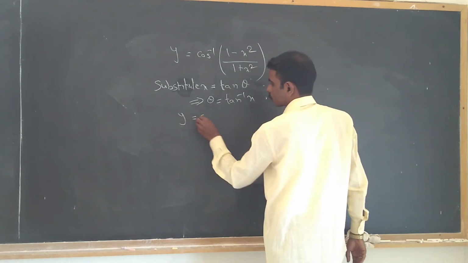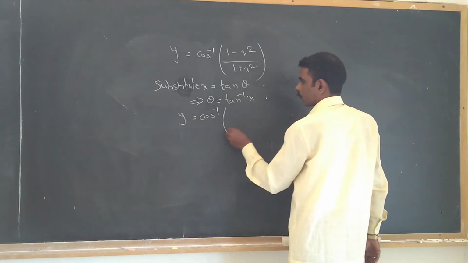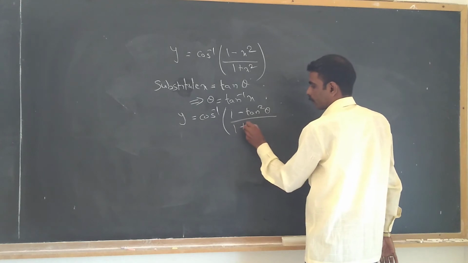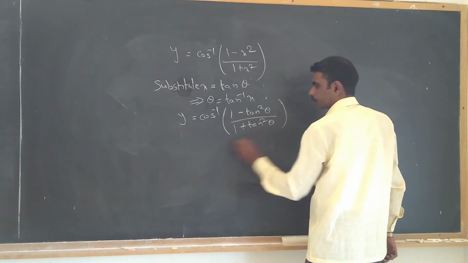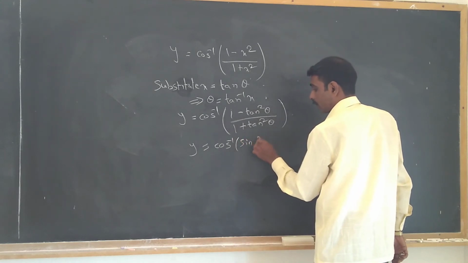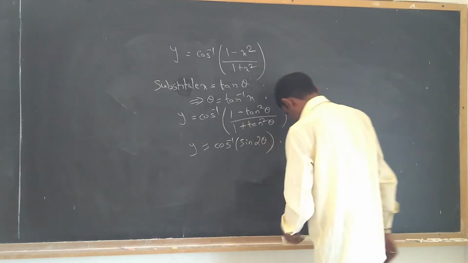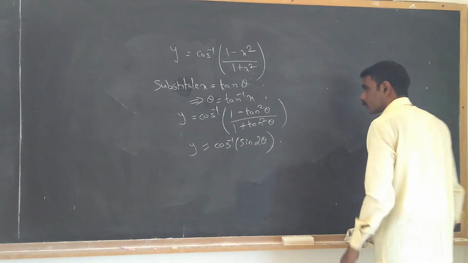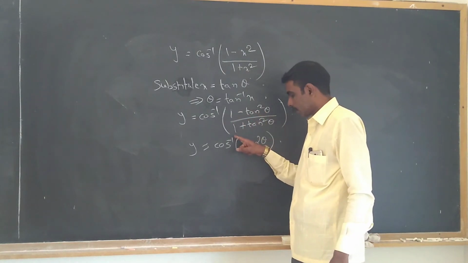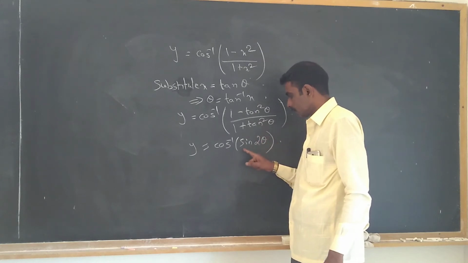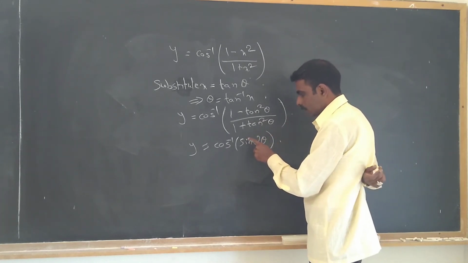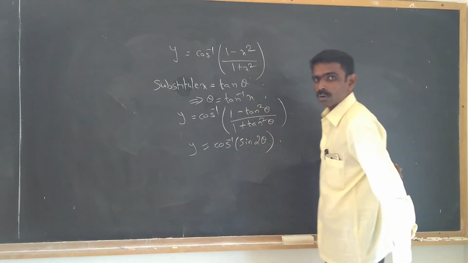So y is equal to cos inverse of (1 minus tan square theta) divided by (1 plus tan square theta). So y is equal to cos inverse of sine of 2 theta. Here, because the formula says (1 minus tan square theta) divided by (1 plus tan square theta) is sine of 2 theta. Now this sine you will be converting in terms of cos.